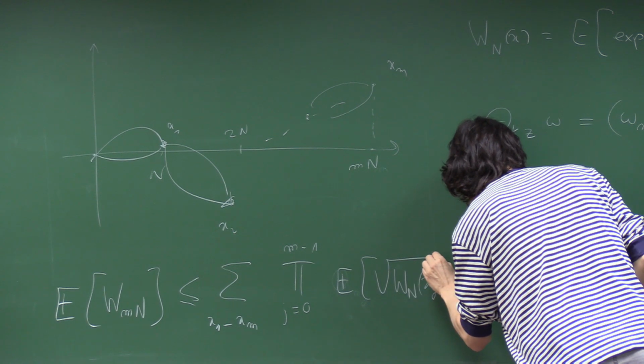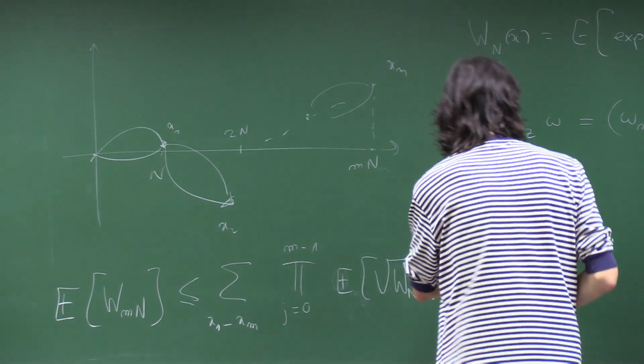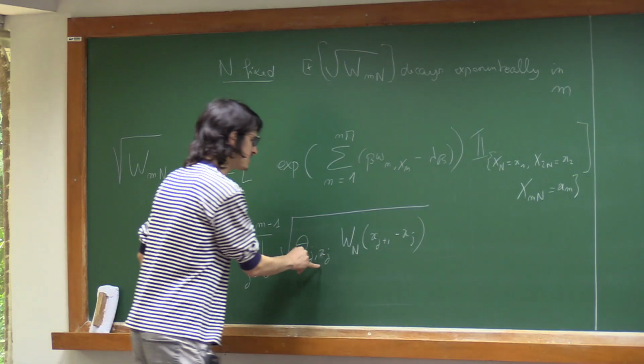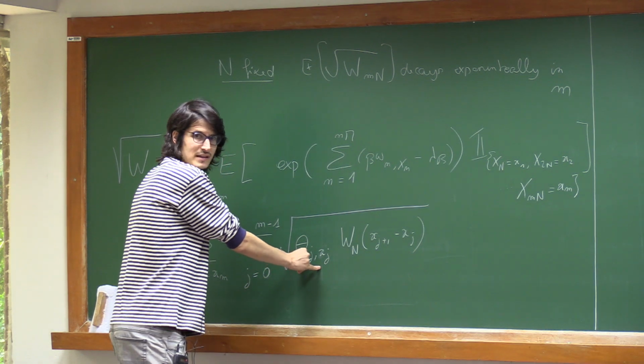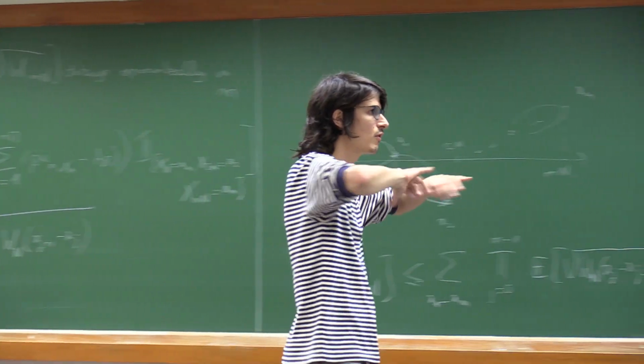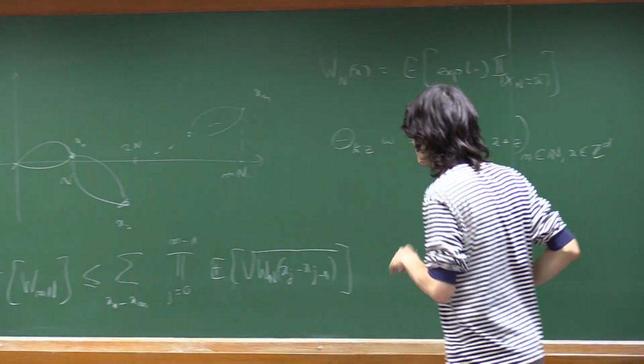By convention, x0 is equal to 0. And here I'm using translation invariance: I can erase this theta when I take the expectation, just because you don't change the law of the environment when you translate it.